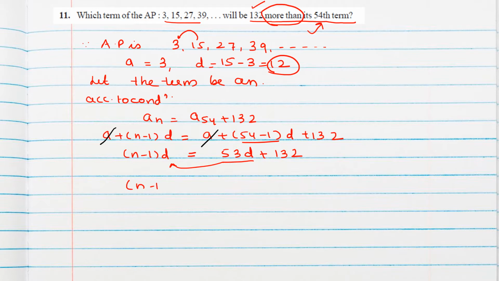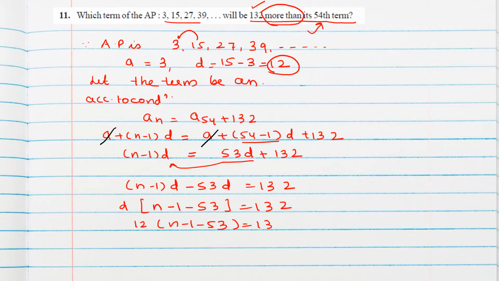So N minus 1 D minus 53 D equal to 132. So D we can take common. So N minus 1 minus 53 times D equals 132, and D is 12. This we can write as N minus 54 equals 132 by 12.